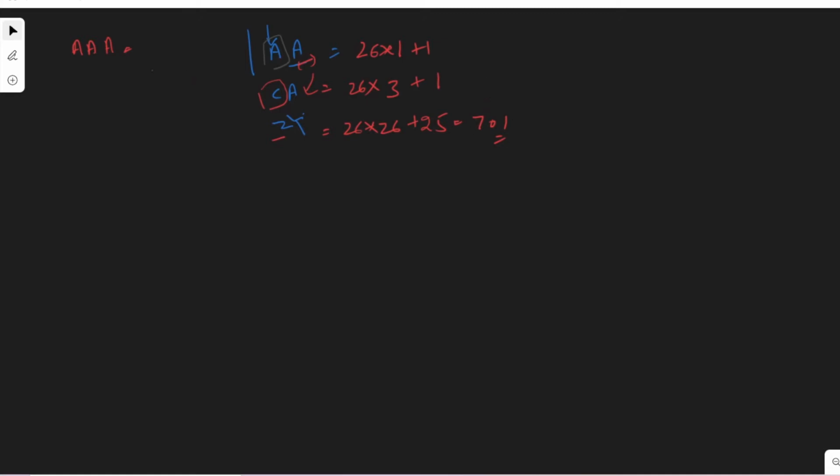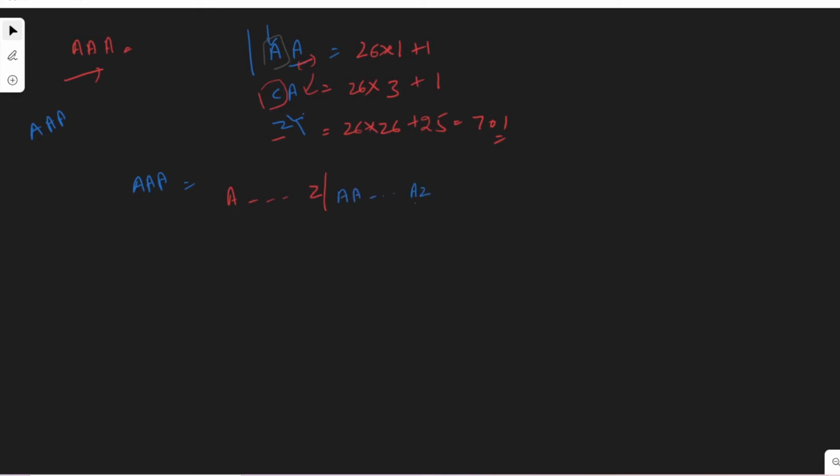Now for these three values, let's say A. So for value A, we know that we have passed the single digit series. Then we have passed the double digit series.